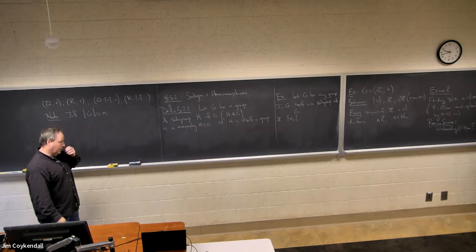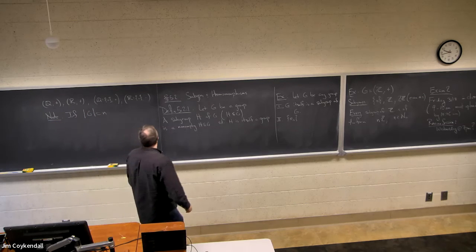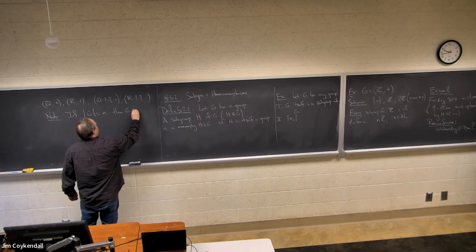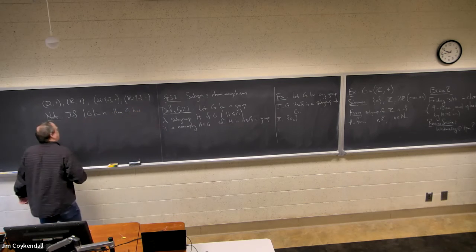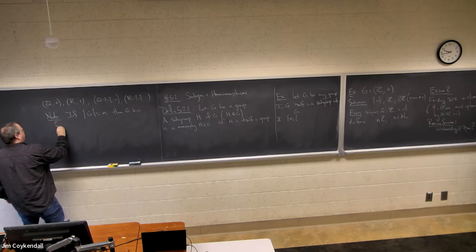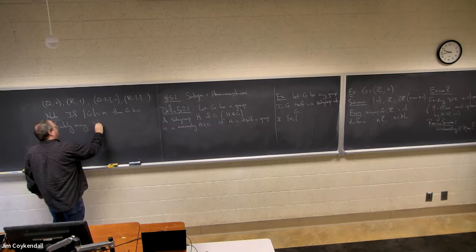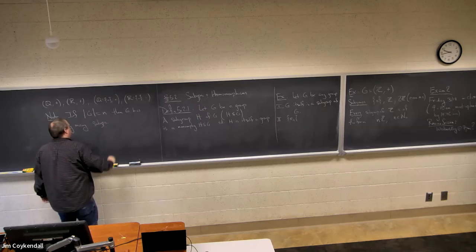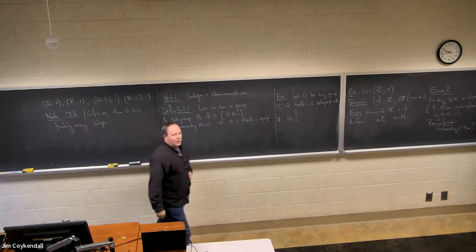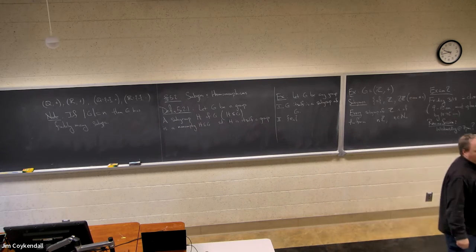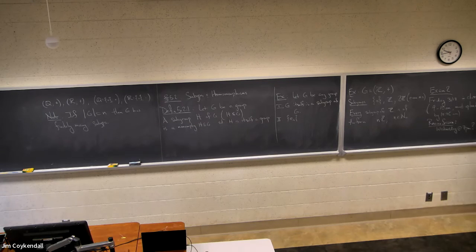Let me point out, suppose you have a finite group G of order n. Then G has only finitely many subgroups, right? I know it's got at least one.